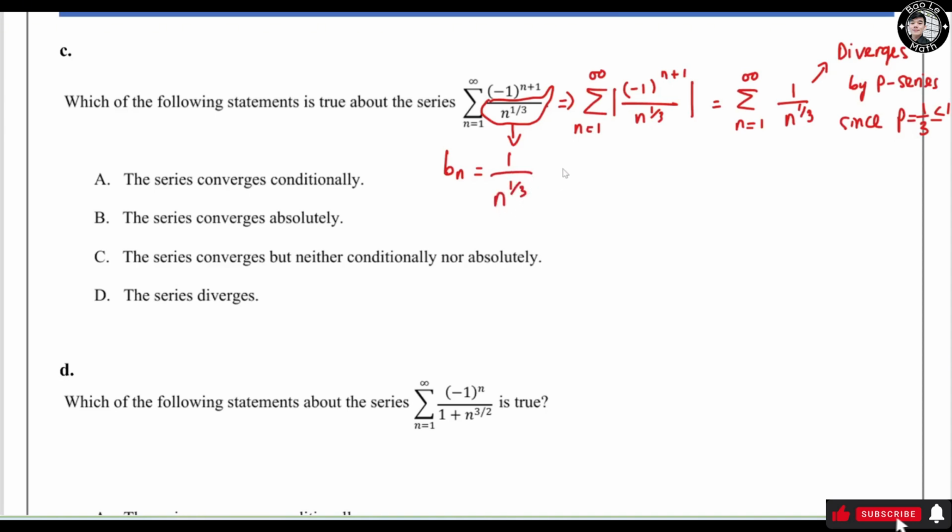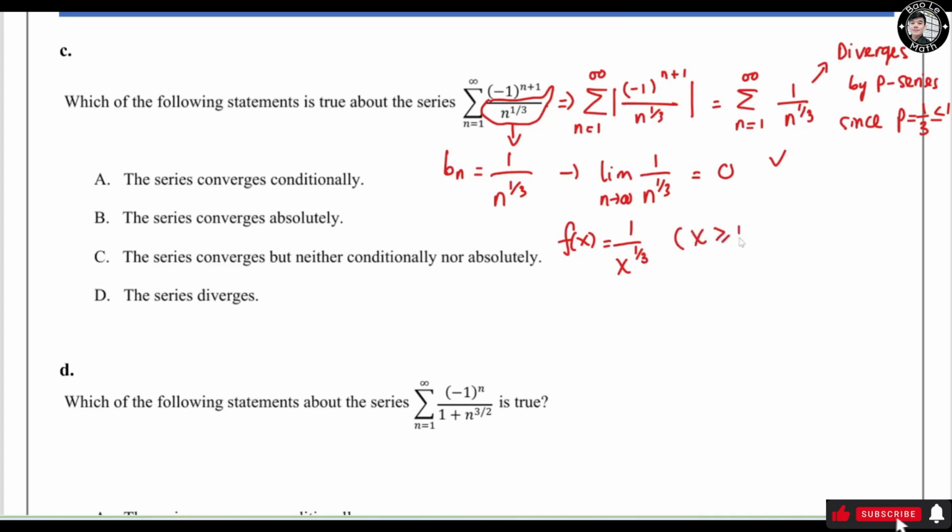We take the limit of b sub n, which is 1 over n to the power 1 third, when n approaches infinity, and it's 0. So the first condition is met. For the second condition, we check whether this is increasing or decreasing. We use f of s equals 1 over s to the power 1 third.